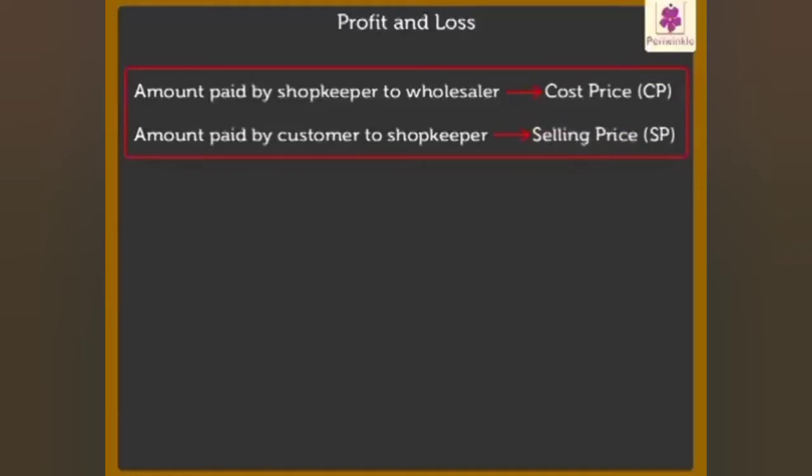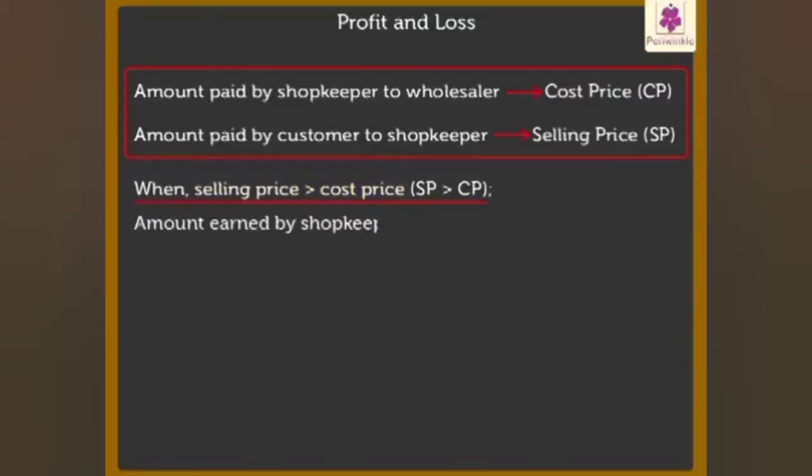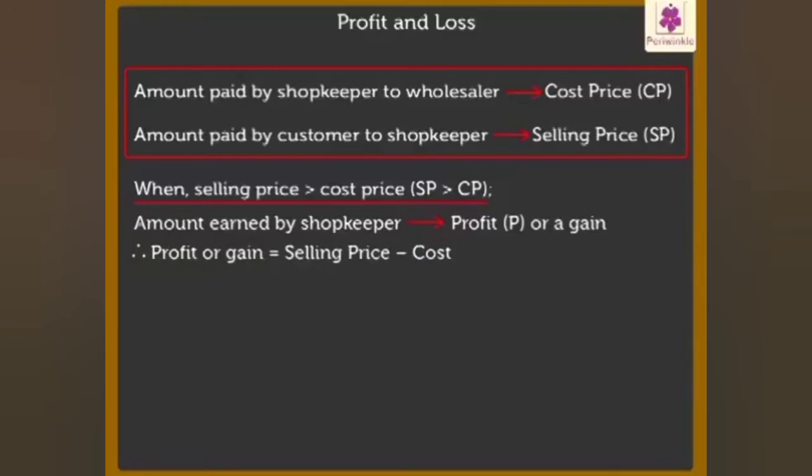If Mr. John sells these goods for a price higher than the cost price, he earns an extra amount. It is called profit or gain. Profit or gain equals selling price minus cost price. Therefore, P equals SP minus CP.